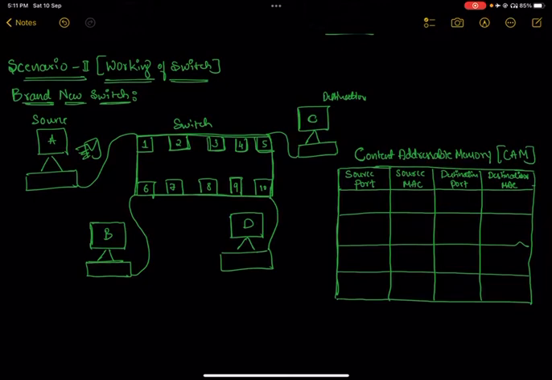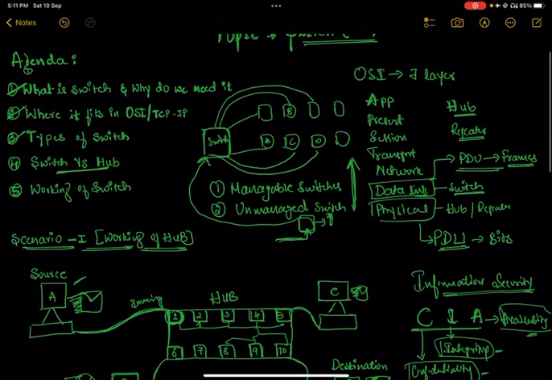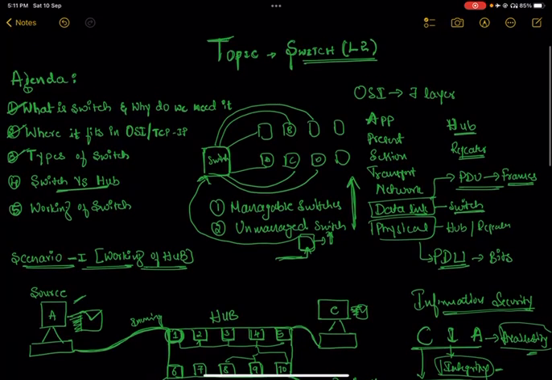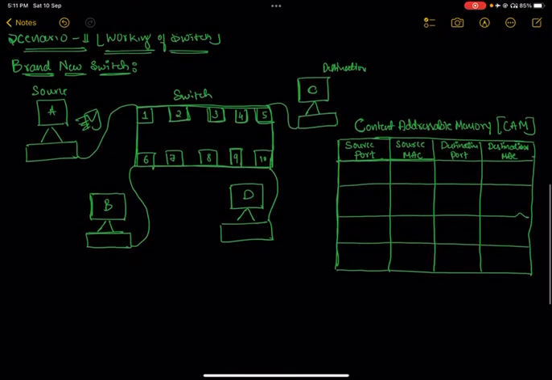So what information does the frame have? The source port and the source MAC address. As I mentioned, a MAC address has 48 bits, and it's burnt onto the NIC card.